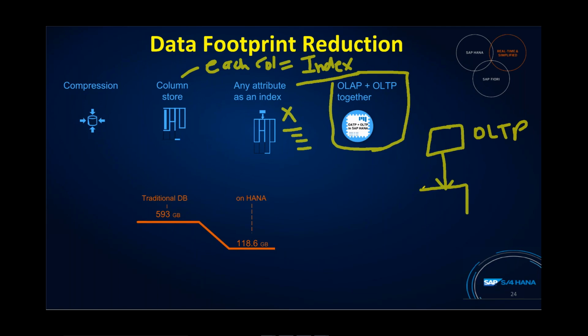So we created altogether a new system, a BW system, which takes the data from our current system in a batch job, and so this is the total duplication of the data. So if we combine OLAP and OLTP together, we can basically remove this data set altogether.